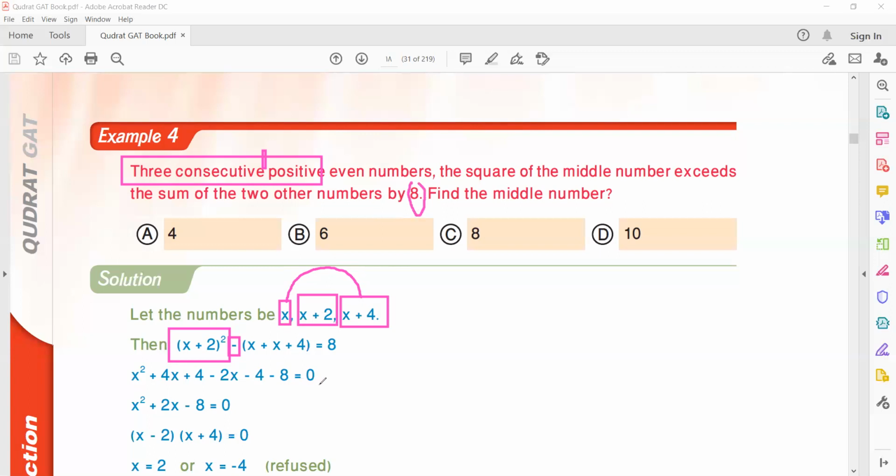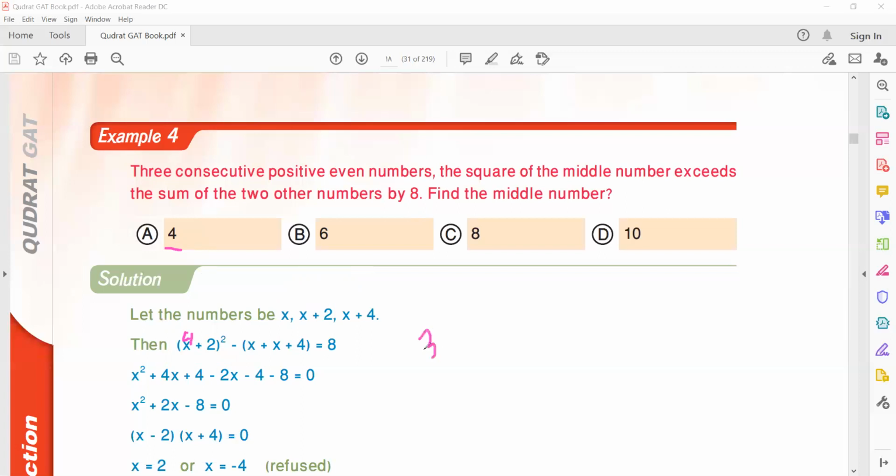Now also you can try it. You try or you check the answer and you get the answer. How? Okay, I try it now from the answer, then I get the answer by checking. Okay, I check now 4. 4 plus 2 is 6. 6 squared is 36, right?